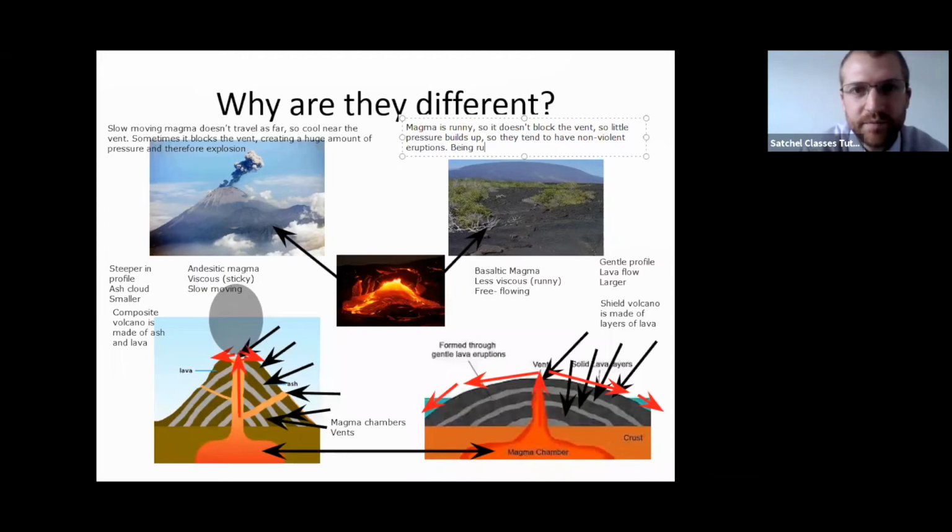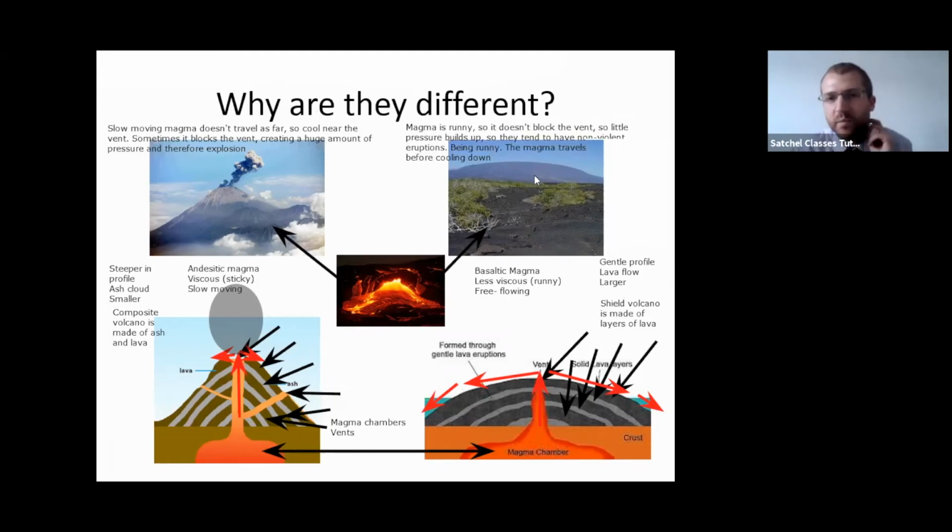Being runny, the magma travels further before cooling down. Which leads to its gentle profile. And you can see how far that lava has traveled from the volcano in the background. So it travels much, much further before cooling down, which gives the volcano its gentle profile.